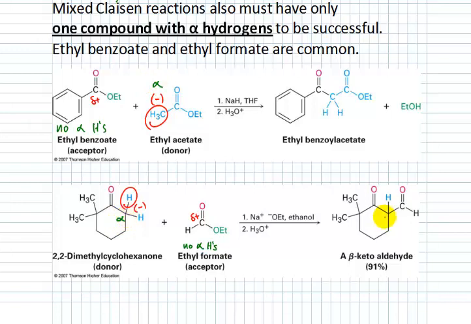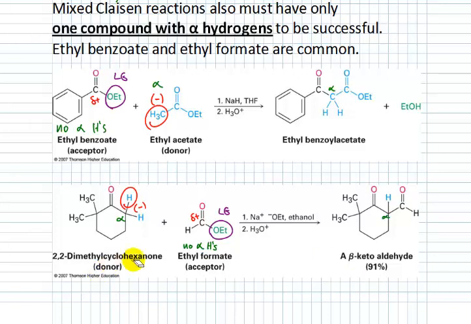So we end up with, attached to the alpha carbon right there, the accepting ester group, the electrophilic ester group, minus the leaving group. So the one with no alpha hydrogens has the leaving group on it. That'll give us an effective mixed Claisen reaction. Notice the characteristic of the reaction here is that we have two carbonyls that are beta to each other.